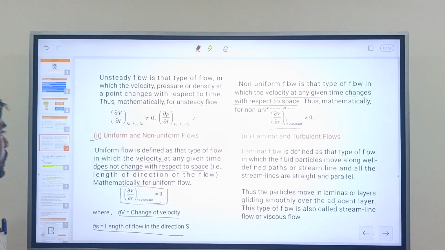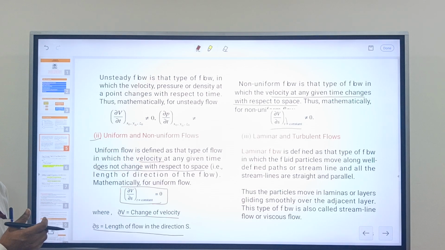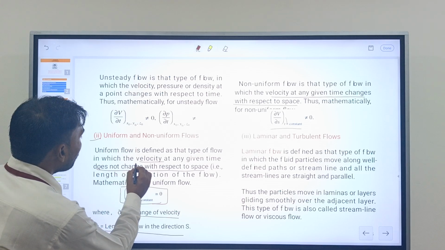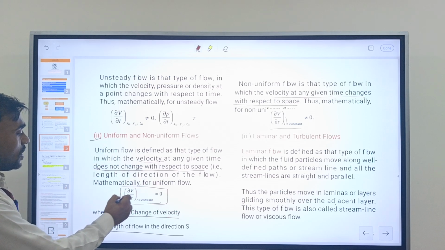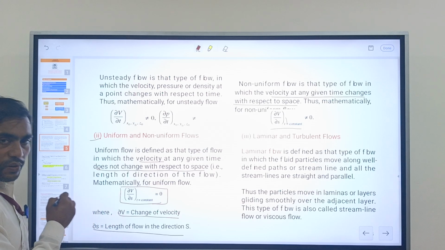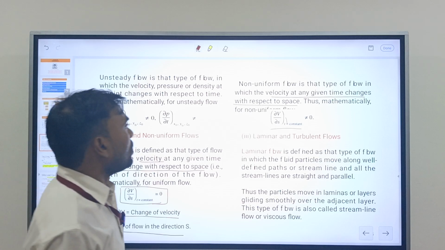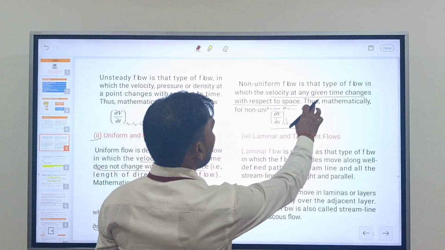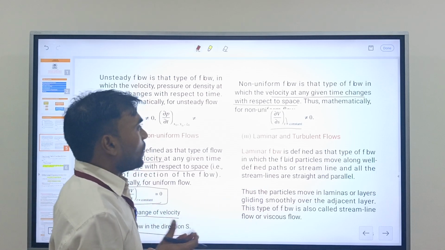So in case of uniform and non-uniform, we only consider one parameter, that is the fluid characteristic, the velocity of fluid flow. In uniform fluid flow, the velocity variation in a particular direction will be equal to 0, whereas in non-uniform fluid flow, the velocity at any given time changes with respect to the space.